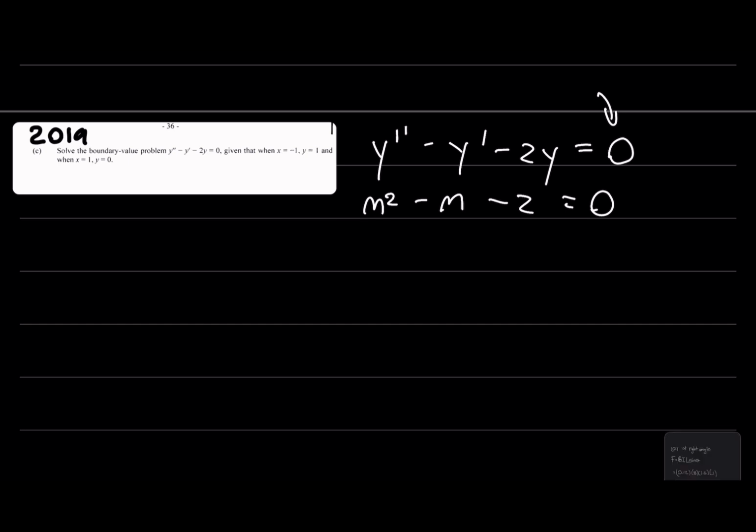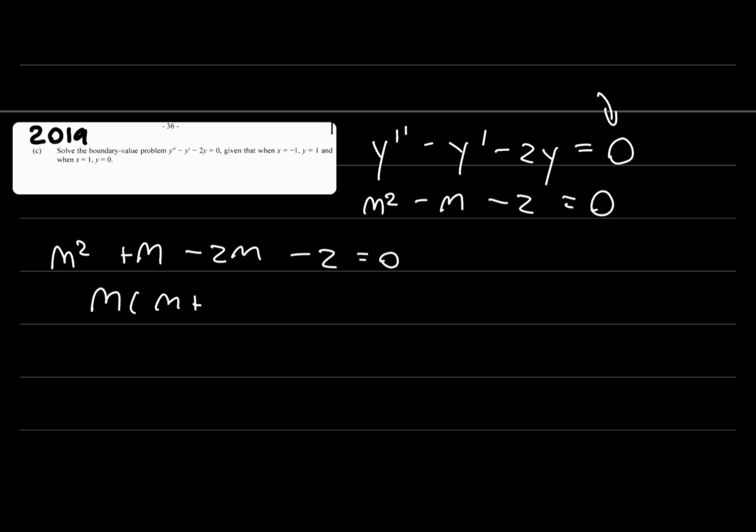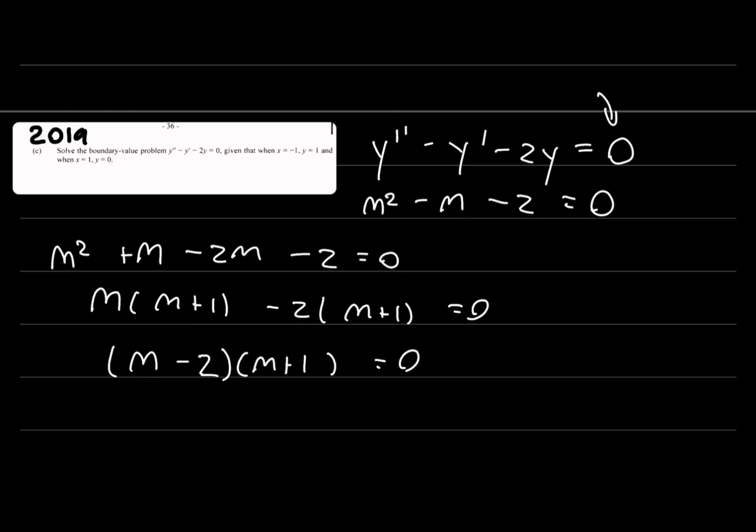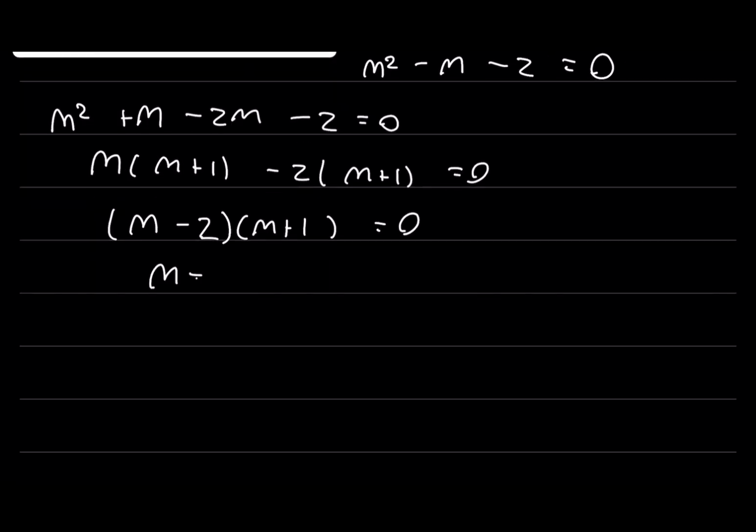So we're going to have m squared plus m minus 2m minus 2 equals 0, which is m(m plus 1) minus 2(m plus 1) equals 0, so (m minus 2)(m plus 1) equals 0. That means m is equal to 2 or m is equal to negative 1. So m1 is equal to 2, and m2 is equal to negative 1.